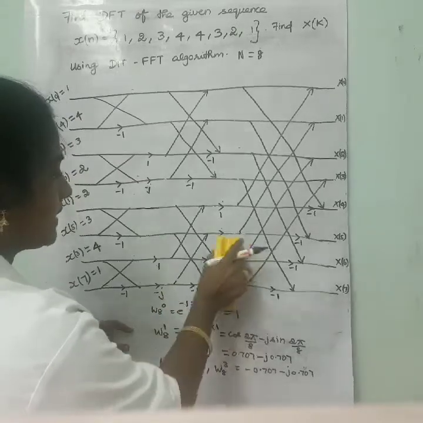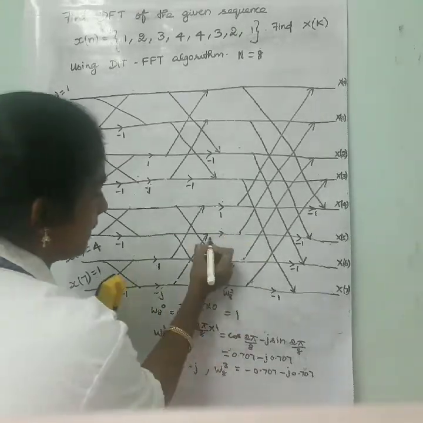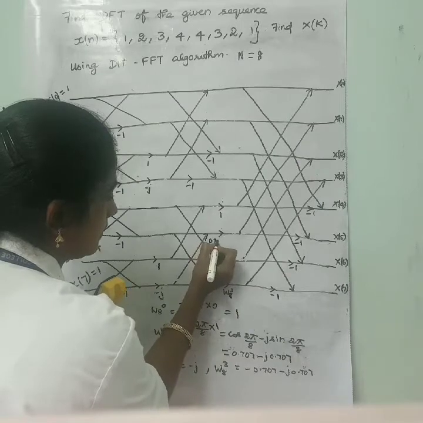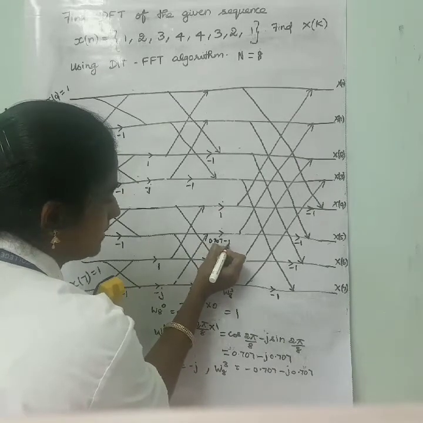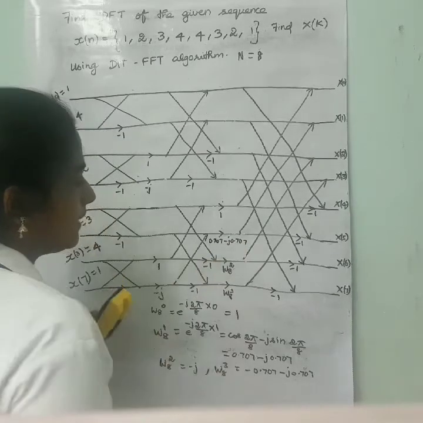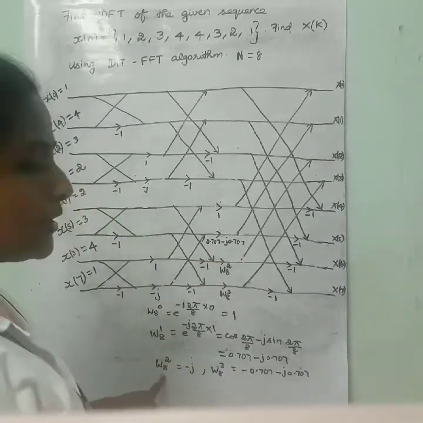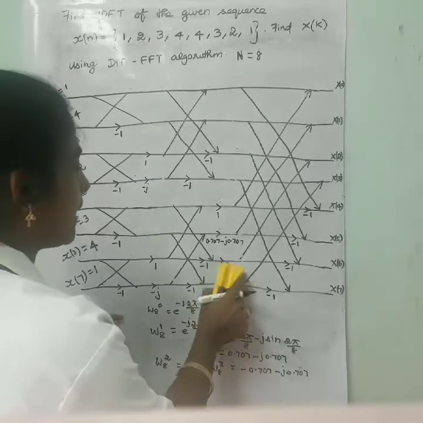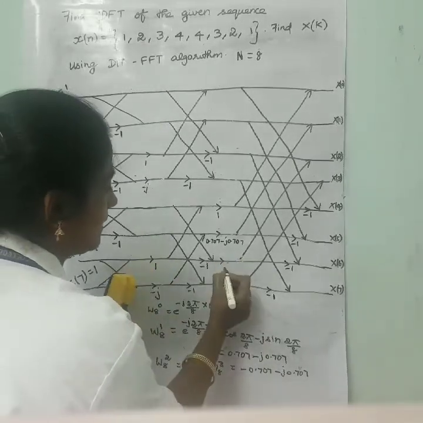So you can write here 0.707 minus j 0.707. Next, similarly W8 square is equal to minus j, so you can write here minus j.